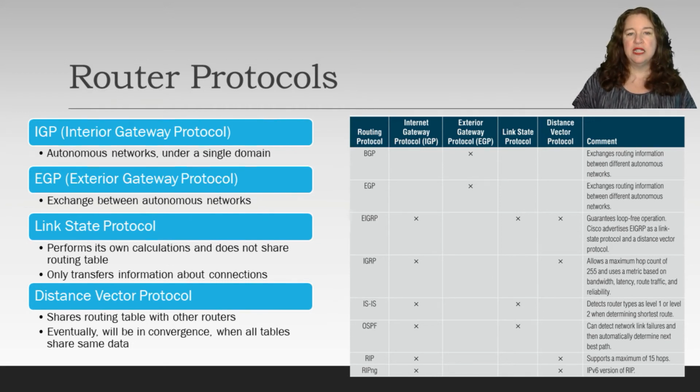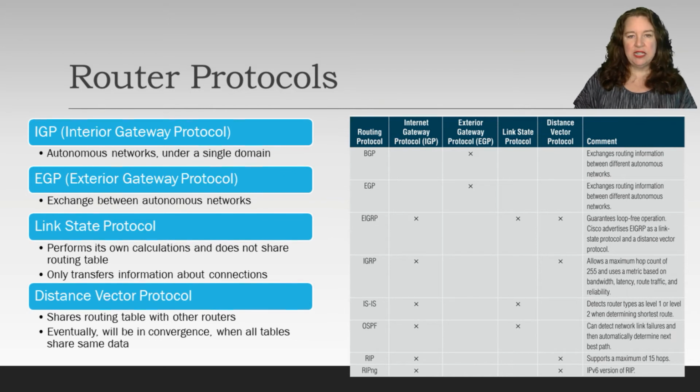First off, the 2 different types of protocols. We have our interior and exterior gateway protocols, and we have our link state and distance vector protocols. Start with the first 2. Our IGP, interior gateway protocol. IGP is for autonomous networks in a single domain. EGP, exterior, is between autonomous networks.